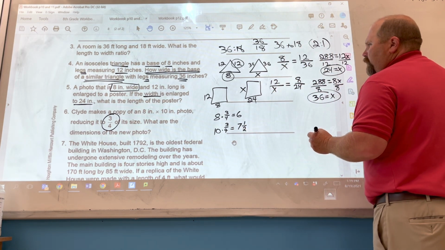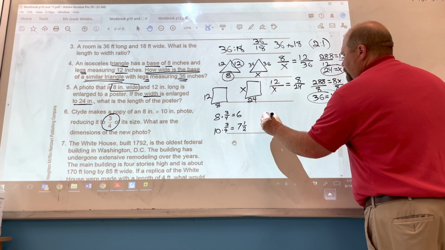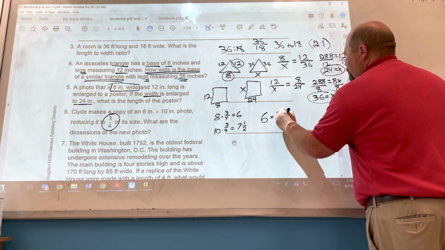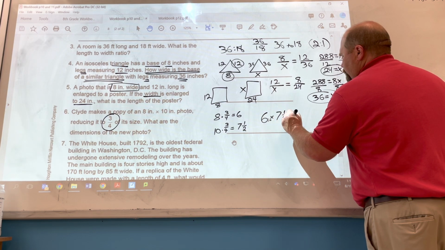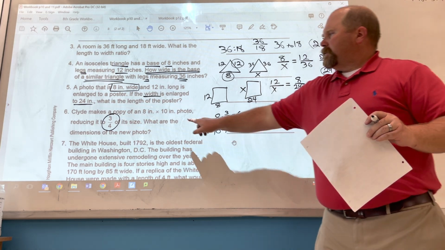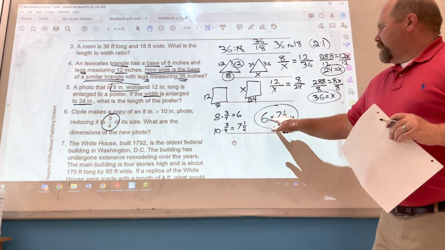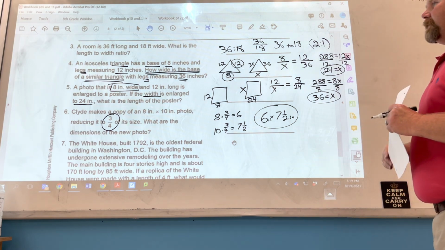And that is the new dimensions of the photo, okay? It would be 6 by 7.5 inches. I should have put inches in here. See if I can squeeze that in. There you go. Just like they wrote the original. They did 8 inches by 10 inches. 6 by 7.5.